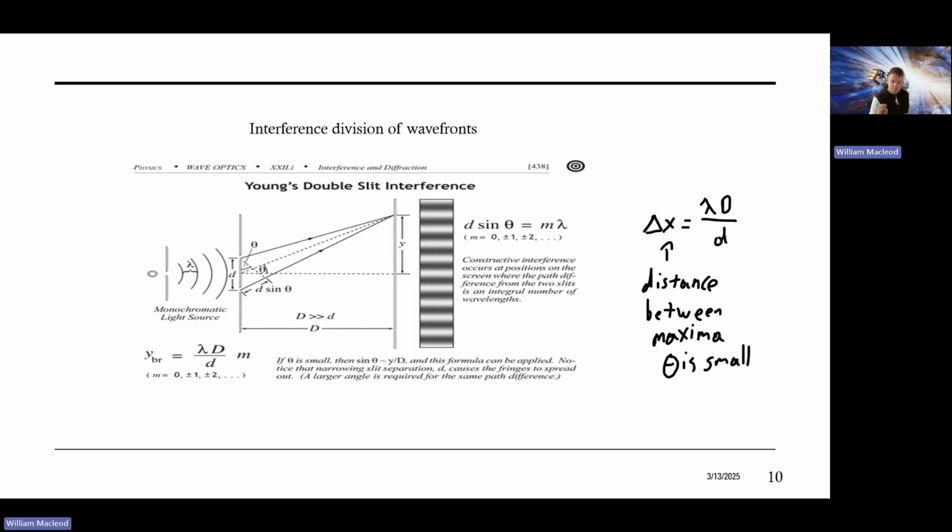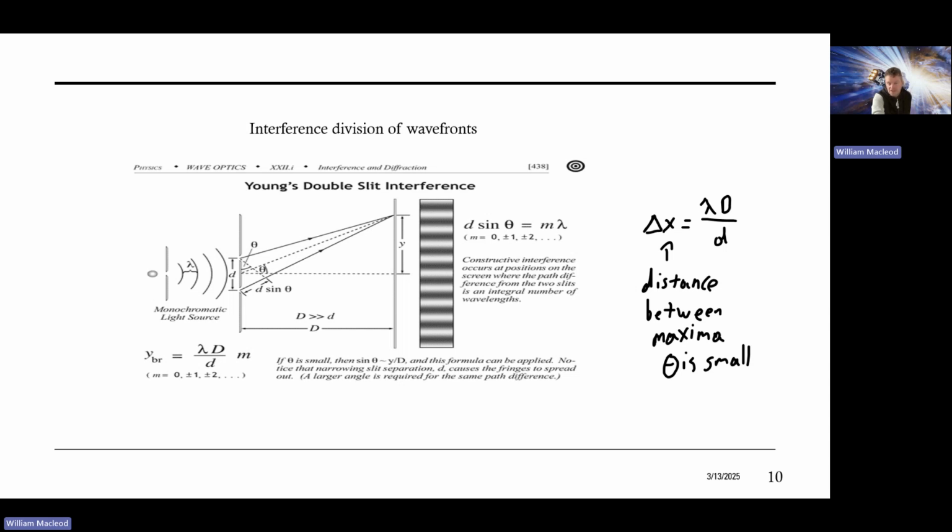That can be described mathematically as d, the distance between the slits, times sine theta, where you can see theta, the angle, in the diagram, is equal to m times the wavelength, for the maxima. So you get the zero order maximum, where m is 0, right in the middle, and then you get maxima at specific positions, 1, 2, 3, above and below it, so that's m, these different maxima, times the wavelength.